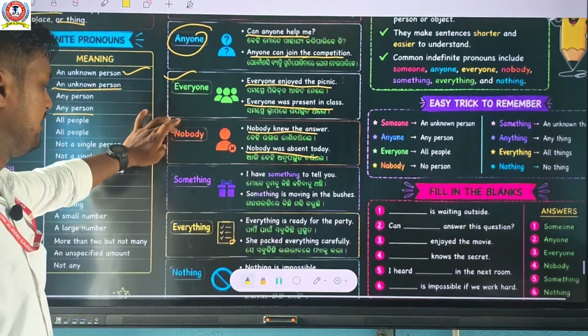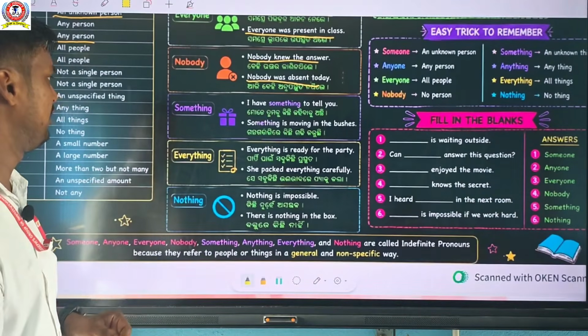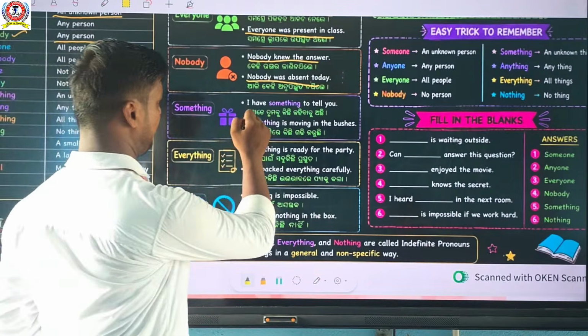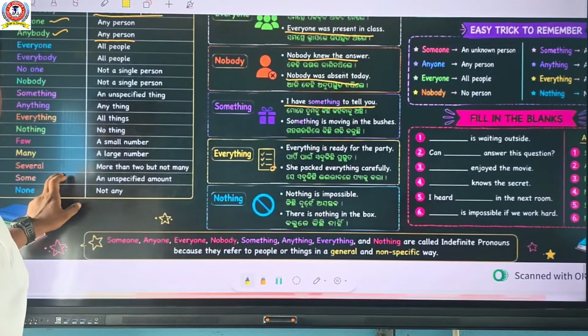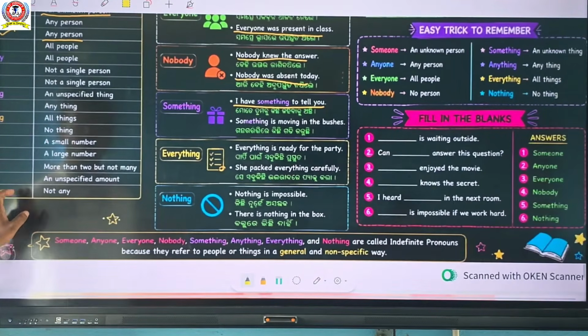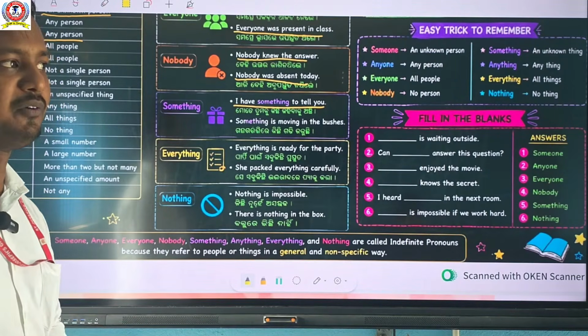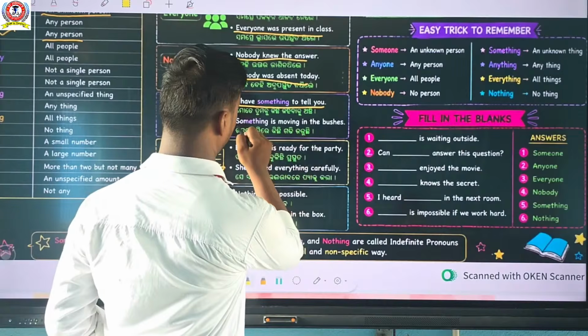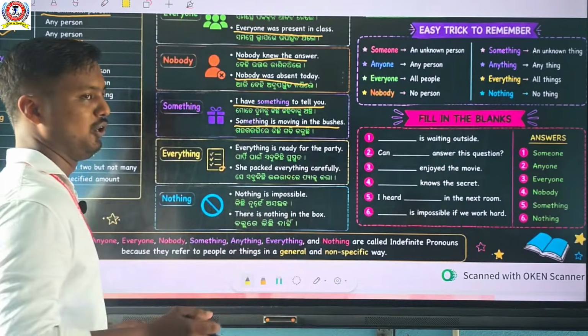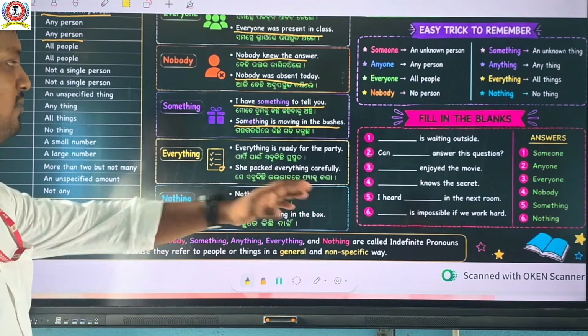Okay. Then something, everything, nothing. Something. I have something to tell you. Something means unspecified things. You don't know about that. Then something is moving in the bushes. You don't know what is there, but something is moving in the bushes.